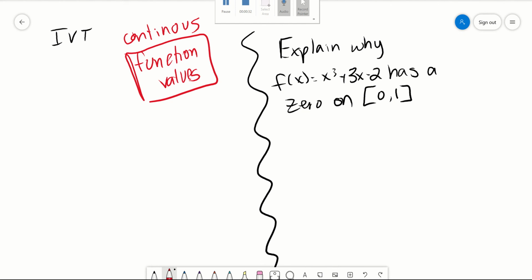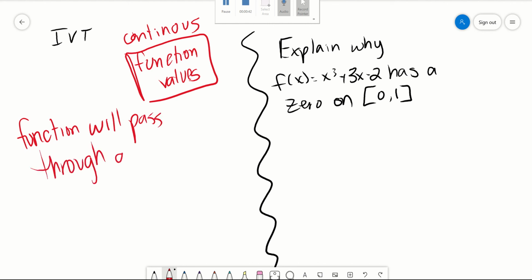So if a function is continuous on an interval, that function will pass through all y values on that interval.